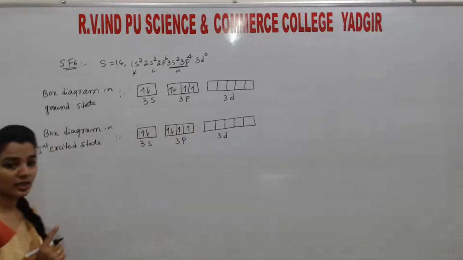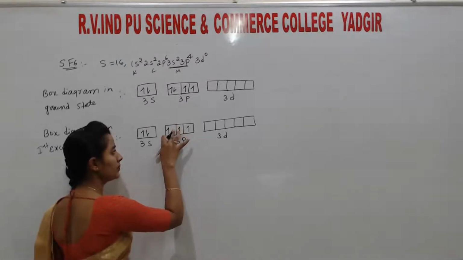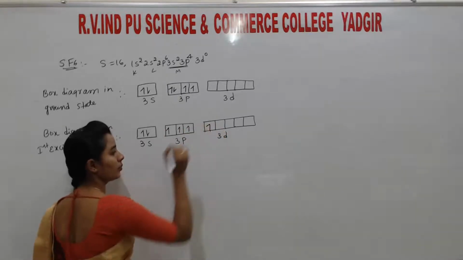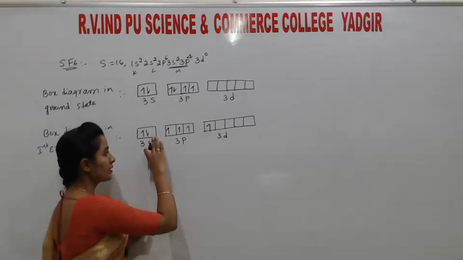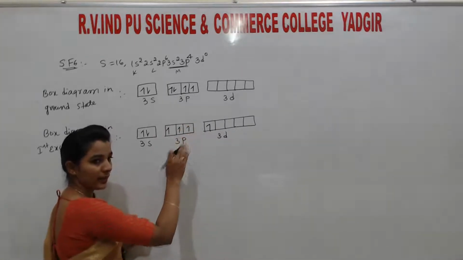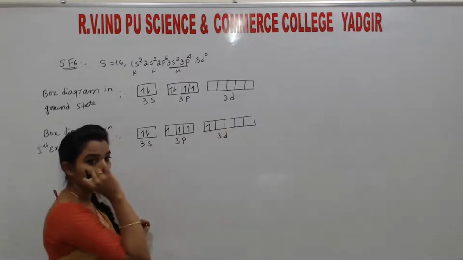First excitation means one of the electrons of this p orbital is excited to d orbital. Remember, an s electron is excited to p orbital if empty orbitals are there. If there is no empty orbital, it goes directly to d orbital.